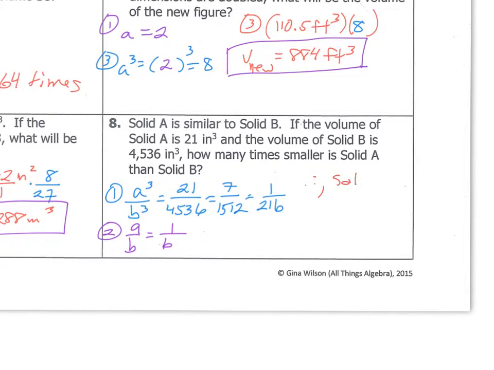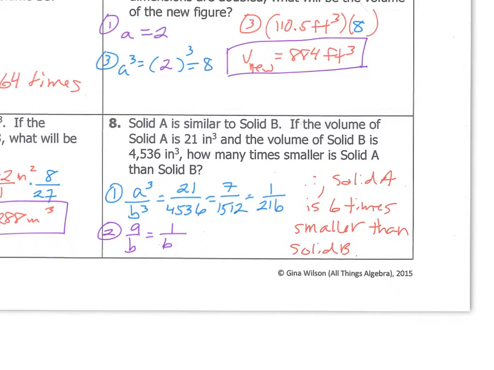Solid A is 6 times smaller. It's mostly because our scale factor is 1/6, so that's why it's 6 times smaller than solid B. So any questions on the front?